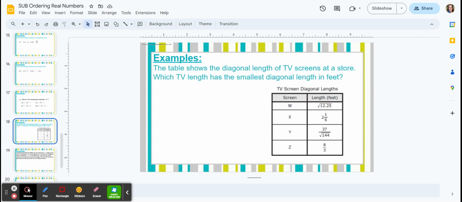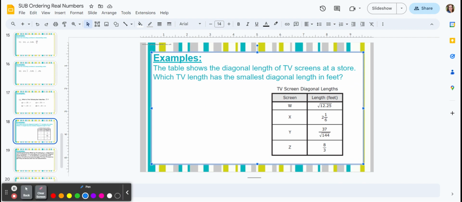Okay. This one says the table shows the diagonal length of TV screens at a store. Which TV length has the smallest diagonal length in feet? So these are the lengths in feet. So we don't have to calculate any lengths. It's already given to us. We just have to figure out which one's the smallest, right? So let's go ahead and take the square root of, I think it was 12.25.